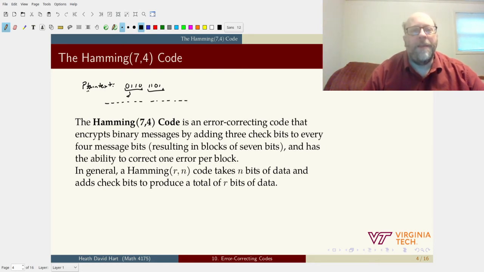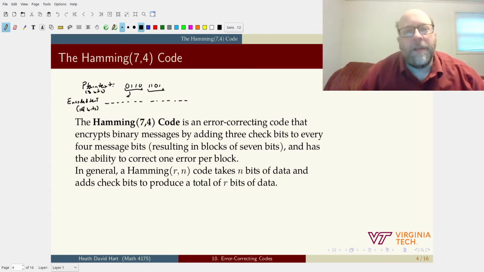And so the plaintext is 8 bits. The encoded text is 14 bits as a result. This is not doing any encryption. It is only doing error correction here.